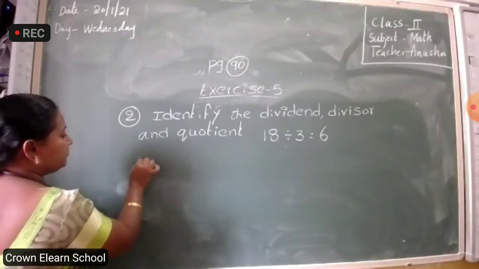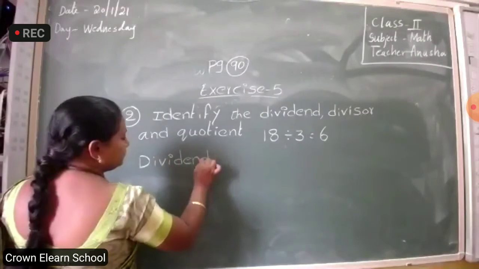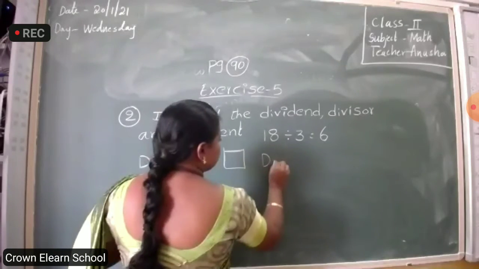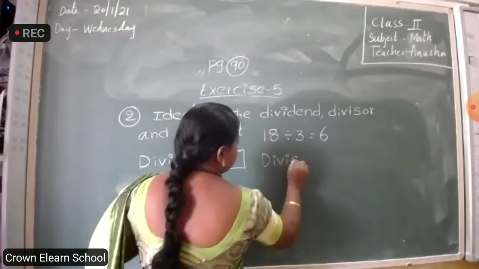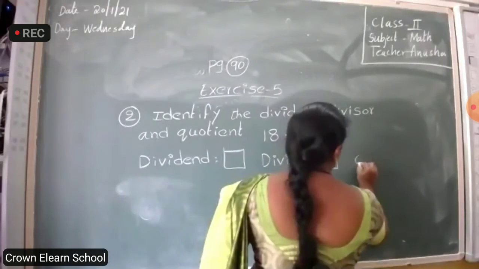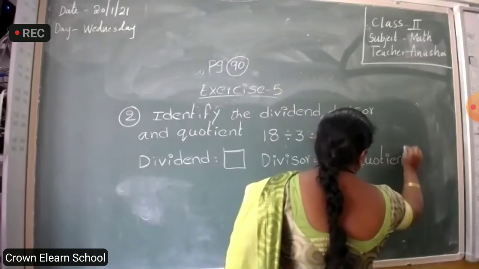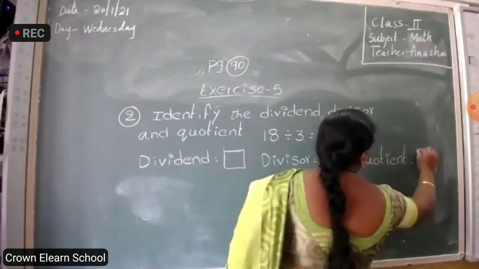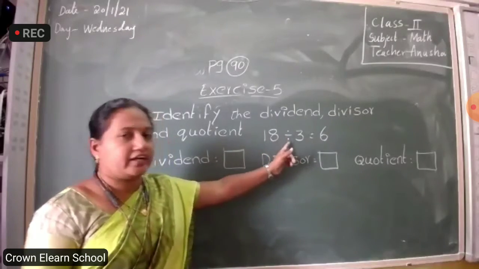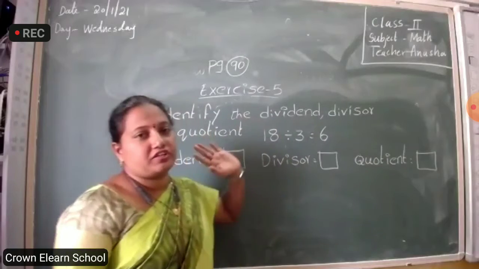Now here they give dividend, next divisor, next one is coefficient. So in this division, you have to identify what is dividend, what is divisor, what is coefficient.